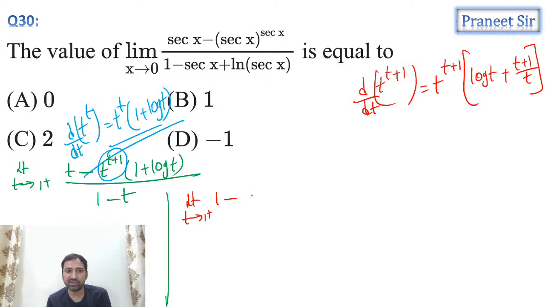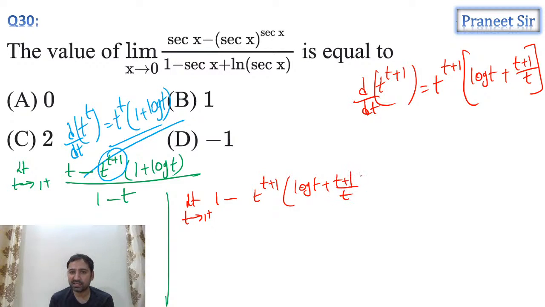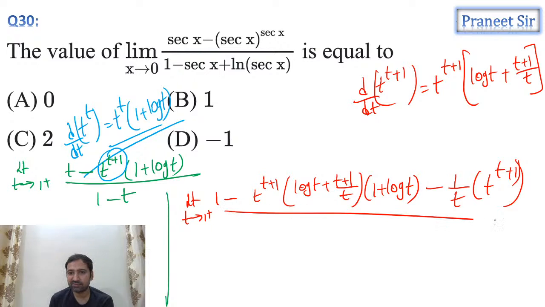So substitute this value here: t power t plus 1 into log t plus t plus 1 by t into 1 plus log t, minus log t differentiation is 1 by t into t power t plus 1. That's what we're getting. Denominator we are getting minus 1. That's it. Now substitute the limit.